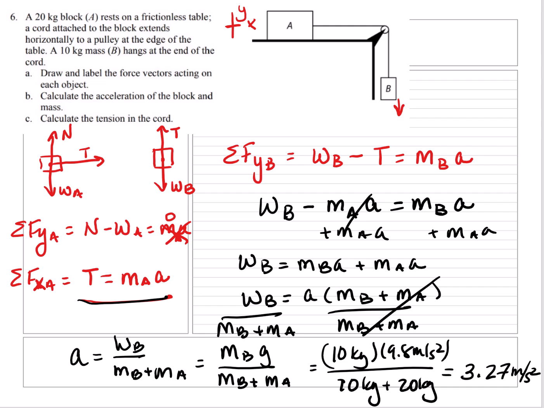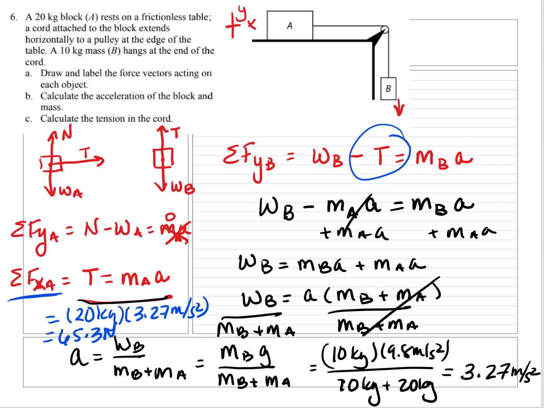To solve for the tension, you could plug it into any of the T equations. The easiest one to plug in is this one right here. So T is equal to m_A a. A was 20 kilograms times 3.27 meters per second squared, which is equal to 65.3 newtons. And the tension here, if you plug it in, you will also get 65 newtons.